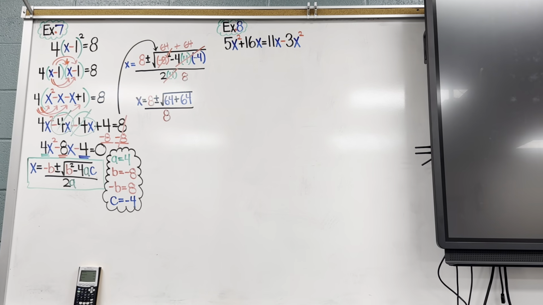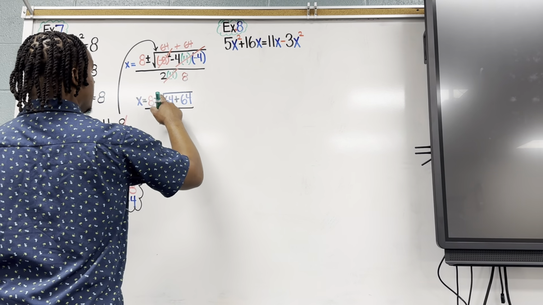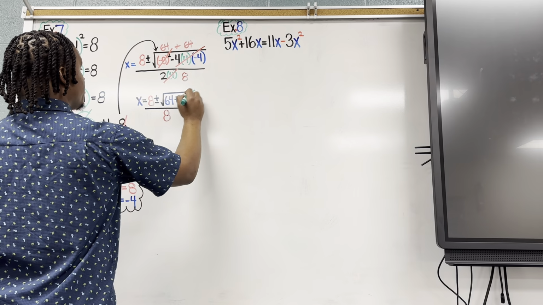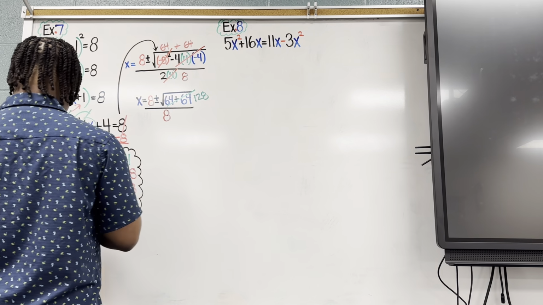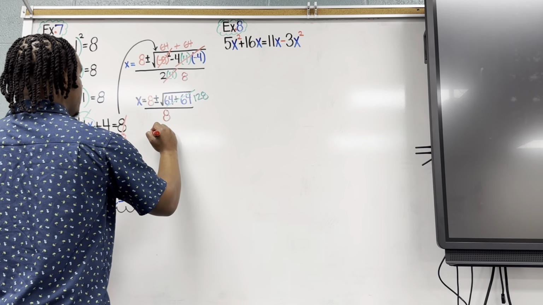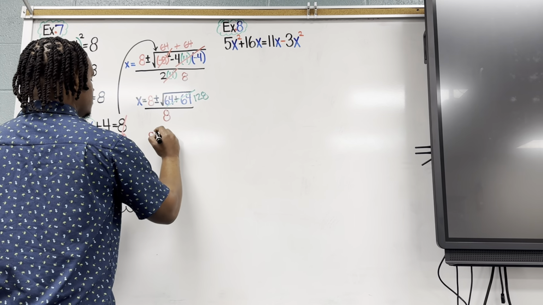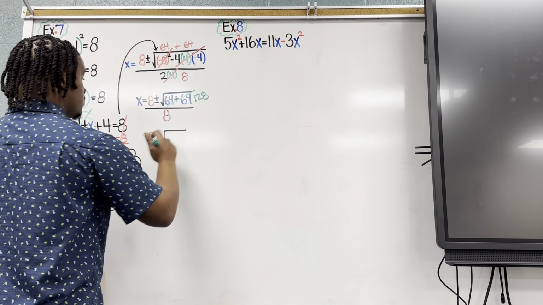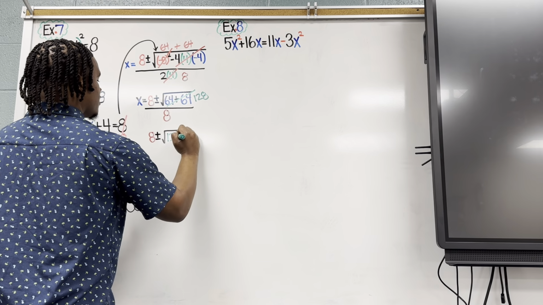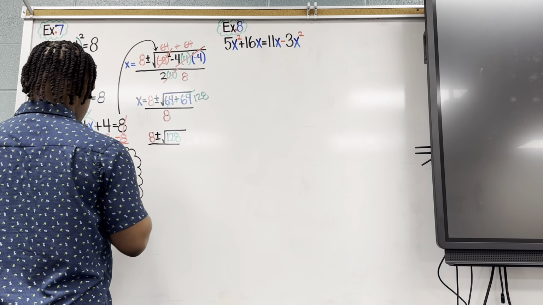Now what we need to do is solve inside the square root sign, which is 64 plus 64, which is 128. So now we're going to have 8 plus or minus the square root of 128 divided by 8.